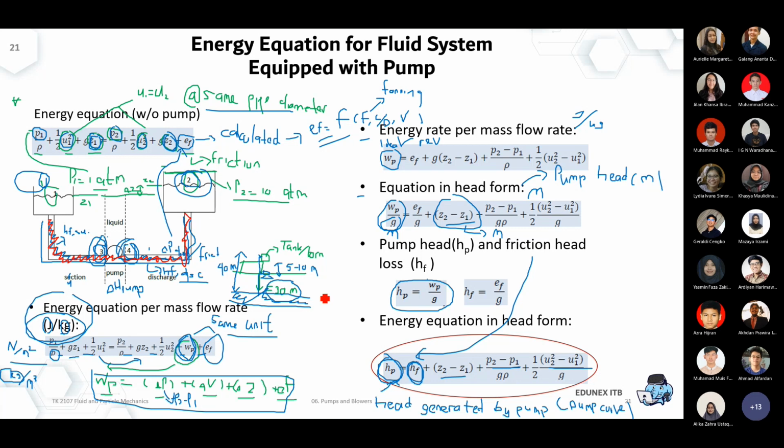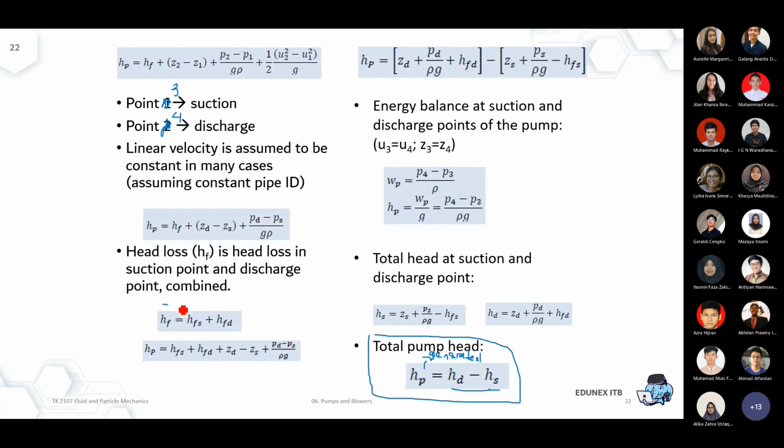That's HF along the pipeline. All of it has to be compensated by your pump. But later, especially for NPSH calculation, we have to separate the boundary.